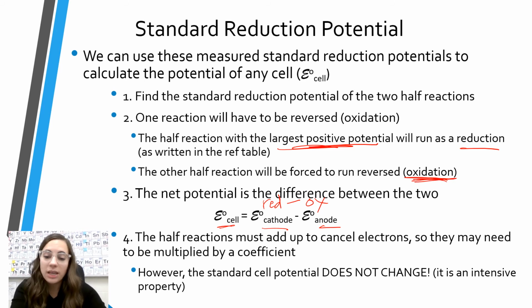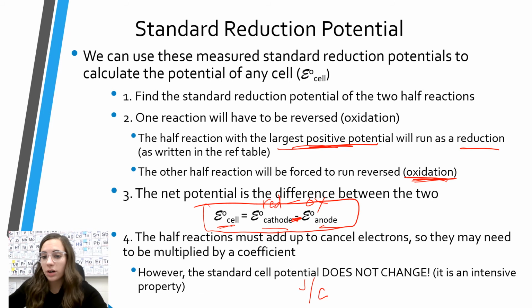The one that flips, we don't change the sign, because our equation takes care of that, minus the anode. So it reverses it for us. And remember, it was joules per coulomb of work. So even if we have to multiply through by 4, it still creates the same voltage per coulomb.